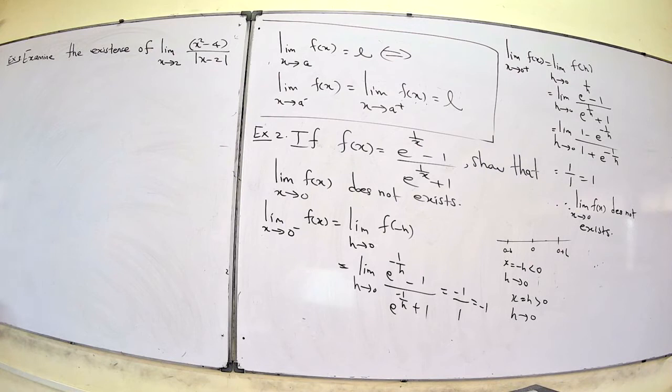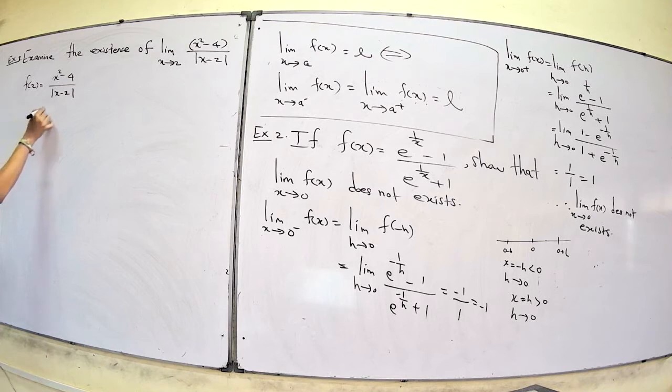Okay, now you take your function f of x, this one, x squared minus 4 over modulus of x minus 2.